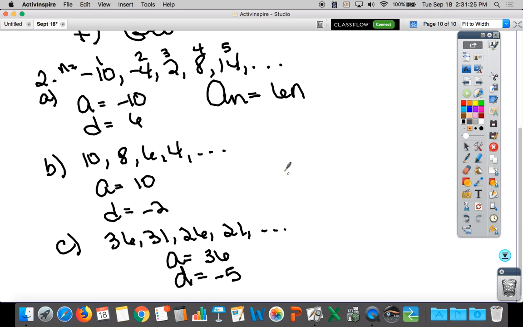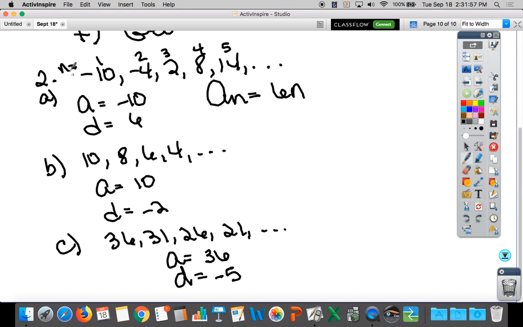Now, if I was going to pass through the y-intercept, y equals mx plus b, what would the x have to be on the y-intercept? 0. So if the x is 0, then that gives me the y-intercept. So one of the things I can do is go back to n equals 0.